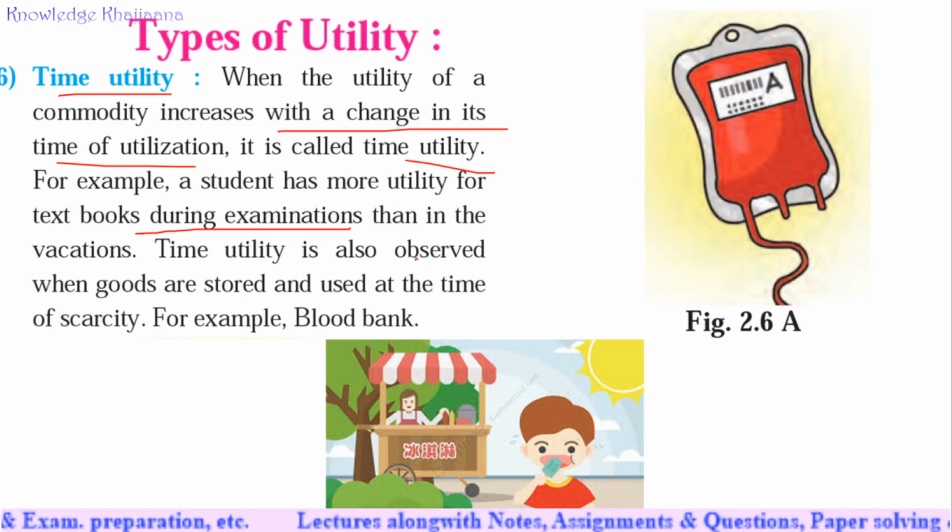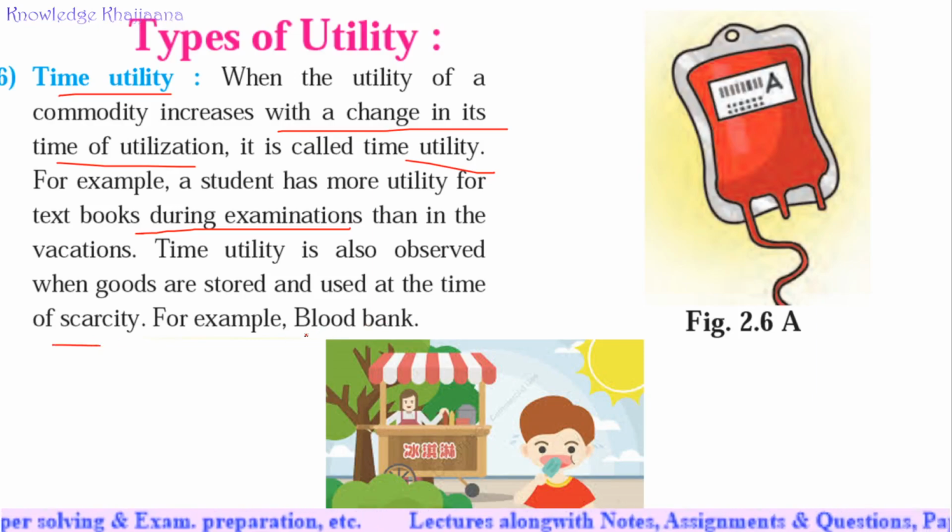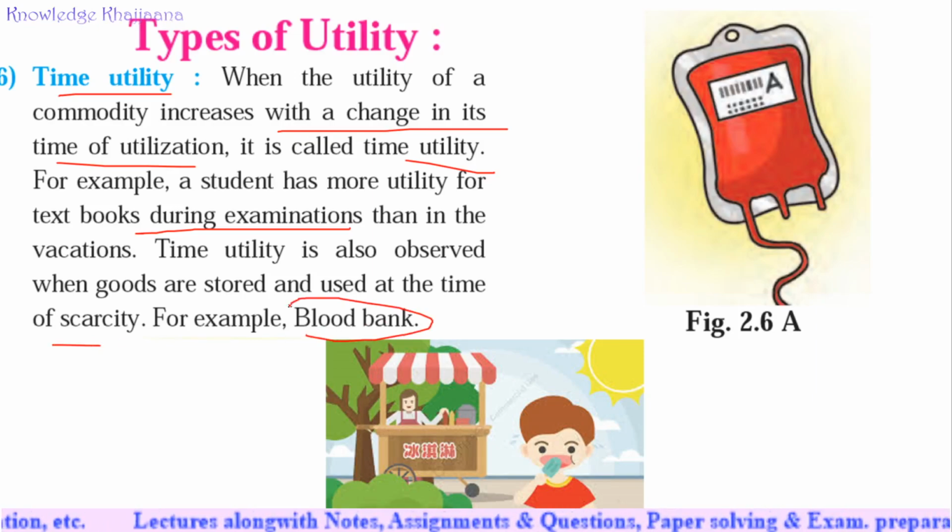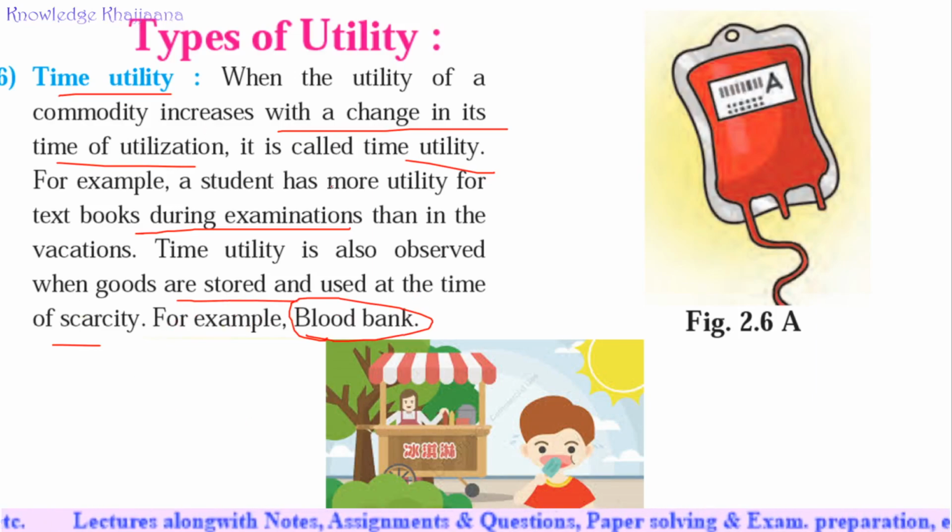Time utility is also observed when goods are stored and used at the time of scarcity. For example, a blood bank. What is done in the blood bank? The blood bags are stored for the time being at the time of scarcity and utilized when they are required.